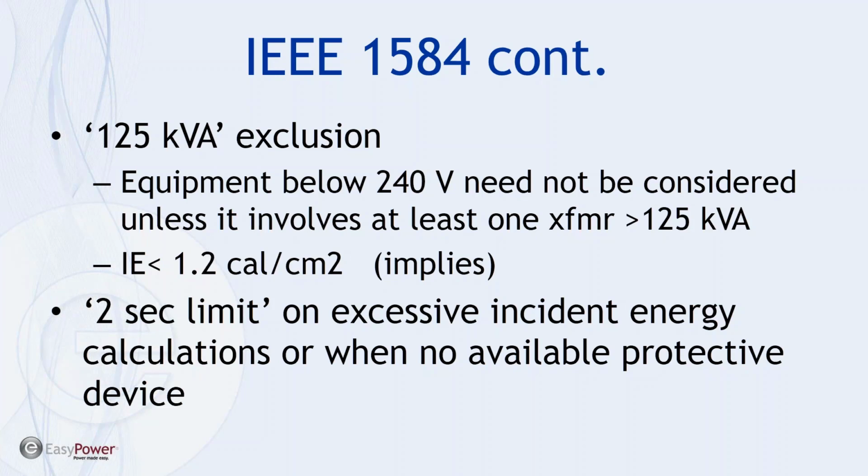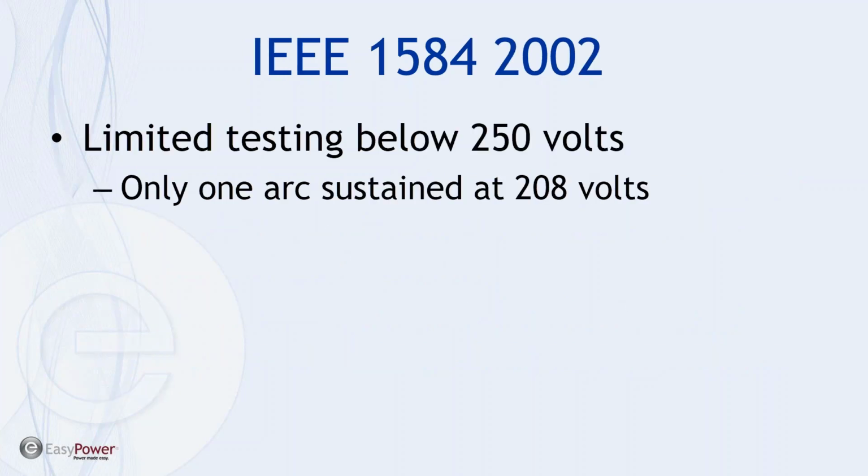That almost gets into another category. Now, the bottom line is they admit or publish that they had limited testing below 250 volts. In fact, they only had one test at 208 volts where the arc actually sustained itself for any period of time.